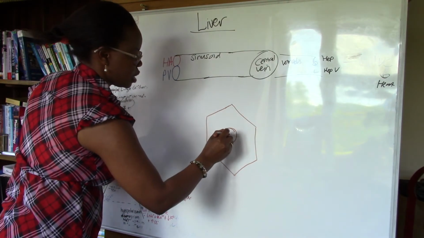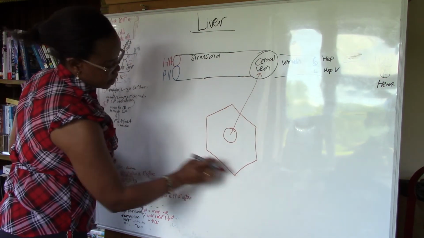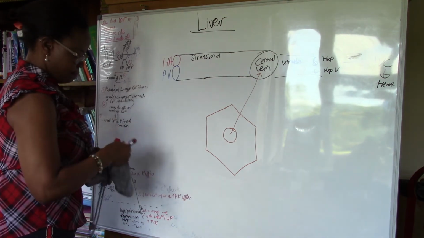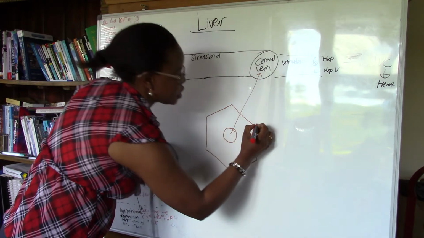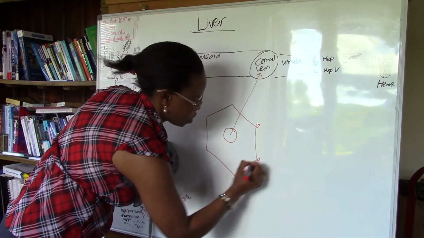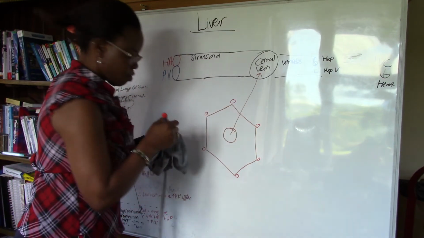So this. And at each corner of this hexagon we will have the arteriole. This is a simplified way, really.